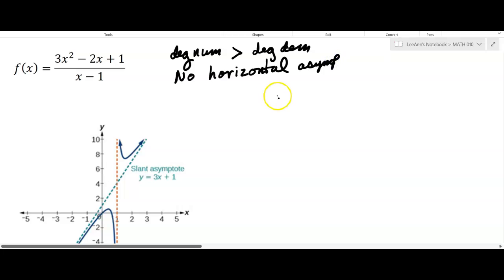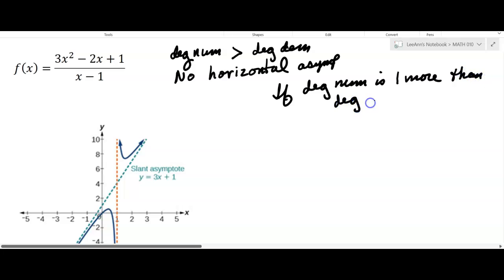However, if the degree of the numerator is 1 more than the degree of the denominator, then you have what's called a slant asymptote. It looks like I made it a division thing, but it's not. It's called a slant asymptote right there.